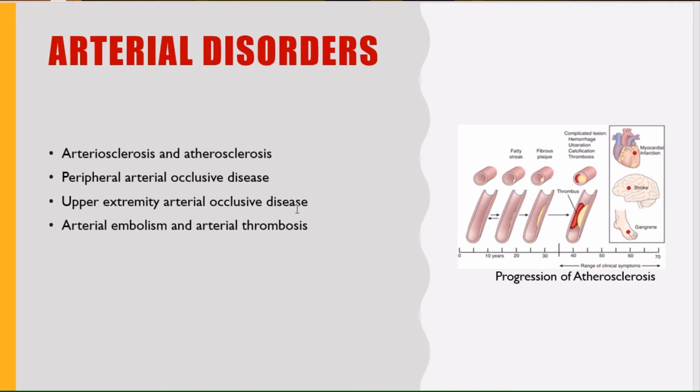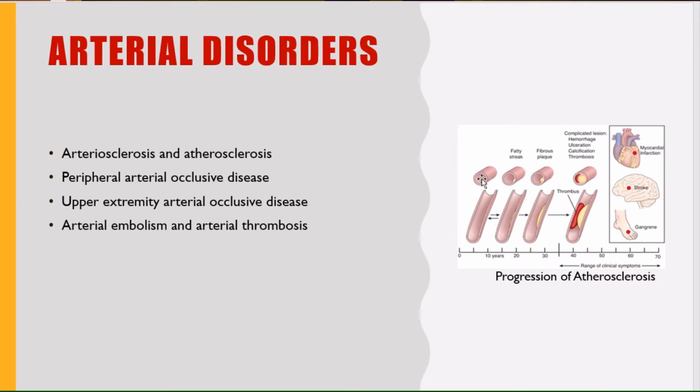In arteriosclerosis, the inner lining or the intimal layer gets accumulated with lipids or blood components like fat streak. You can see in the picture the fat streak, that is when the patients have arteriosclerosis.